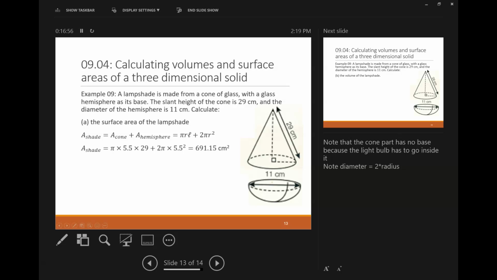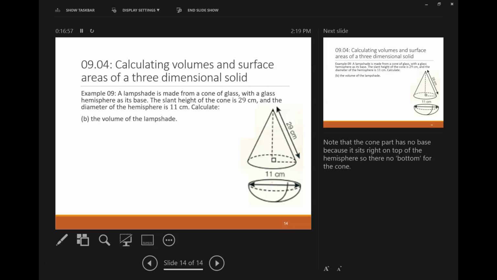The next thing we want is the volume. So similarly, I'm just going to find the volume of the cone plus the volume of the hemisphere. So there's my two formulas. So I know r, that's 5.5, but I don't know the height of the cone, right?